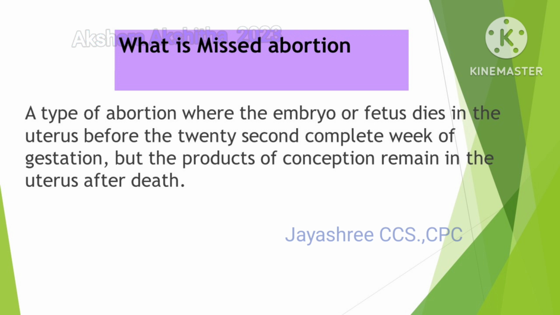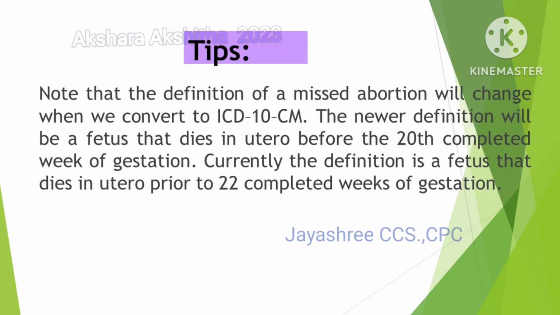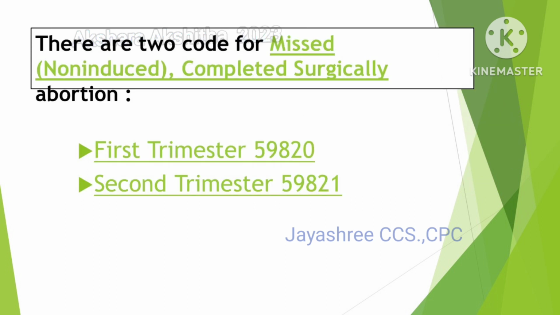This is missed abortion. The doctor will remove the remaining products of conception surgically. For this reason we have to code one of these two CPT codes. One CPT code is for the first trimester, that is 59820, and the second CPT code is for the second trimester, 59821.